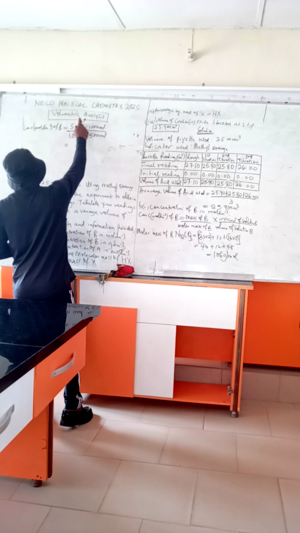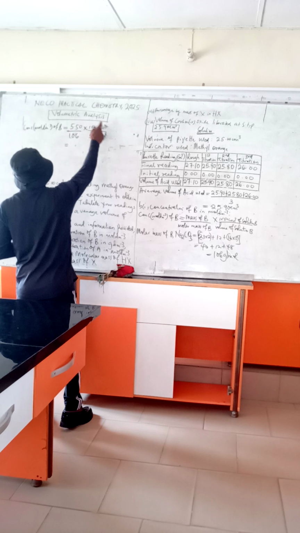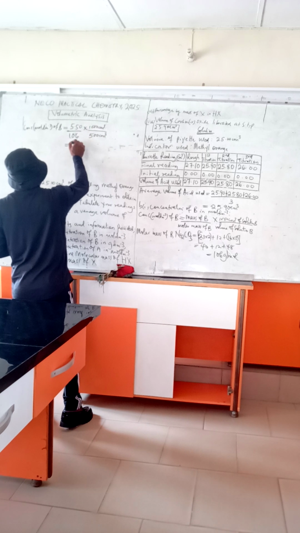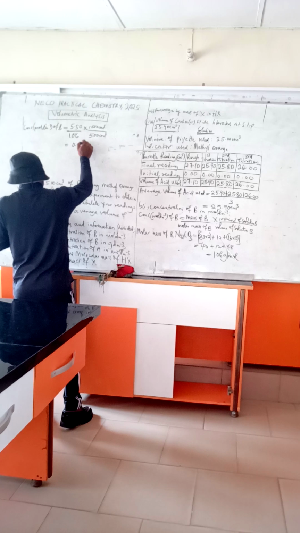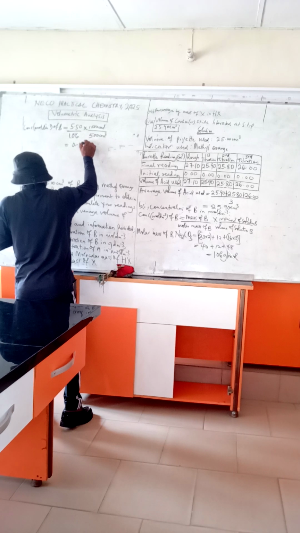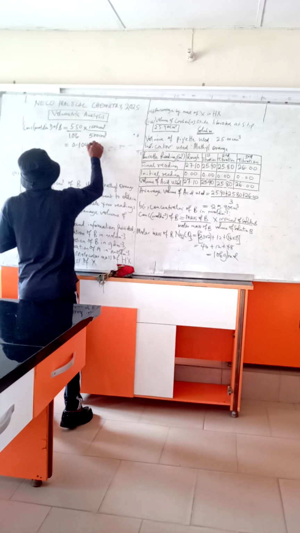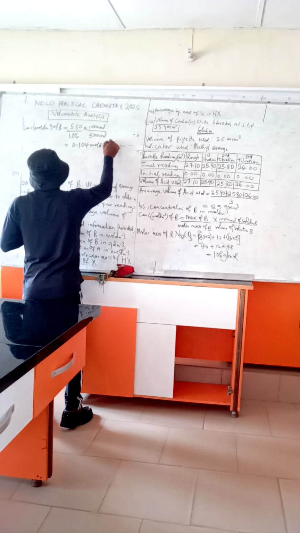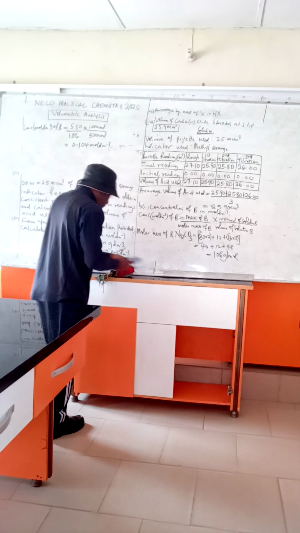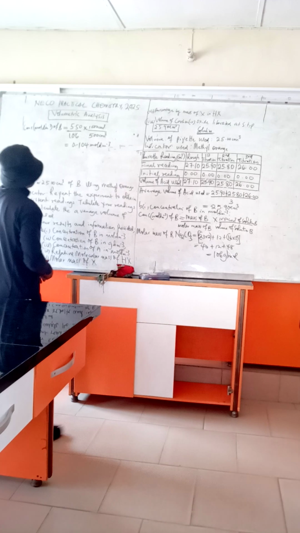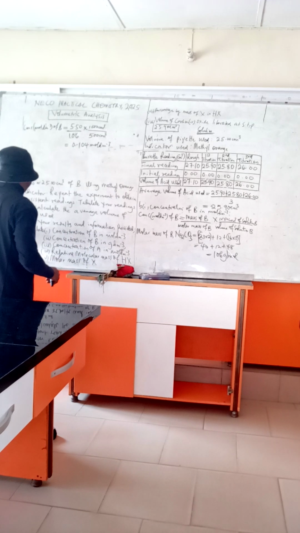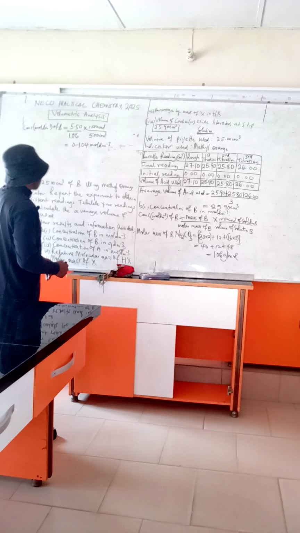That is 5.50 divided by 106, and 1000 by 500 is 2. Everything will give us 0.104 approximately, to three significant figures, mole per dm3. That is question number I. Then II, concentration of B in gram per dm3.